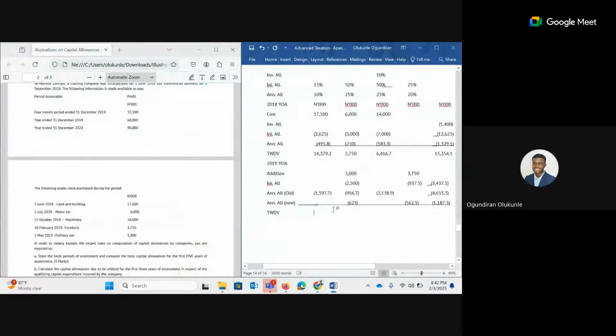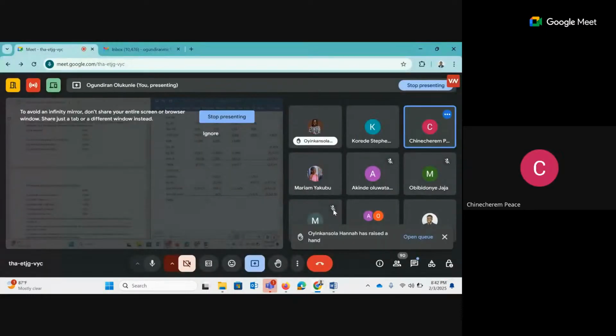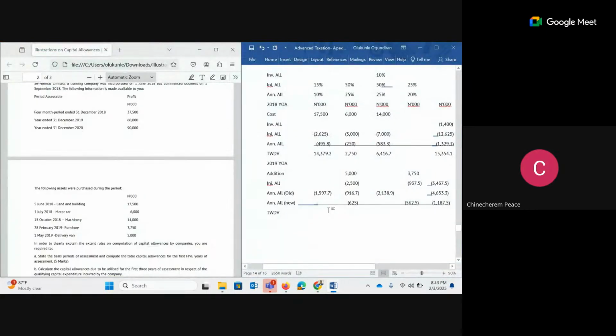All right, so what's the total? 625. 12781.6 for land and building.